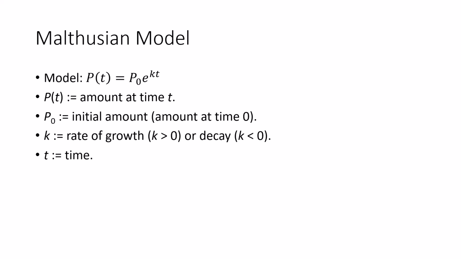So P of t represents the amount at time t, P naught represents the initial amount, or the amount at time 0, k represents the rate of growth if k is positive, or the rate of decay if k is negative, and t is time.